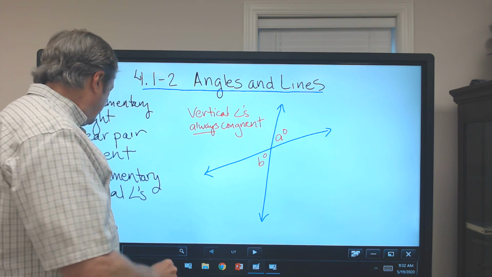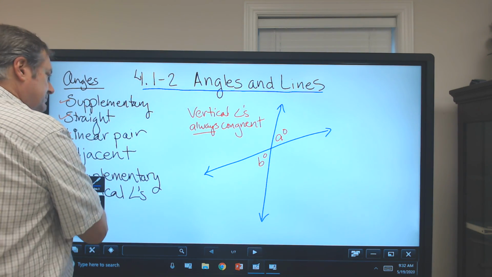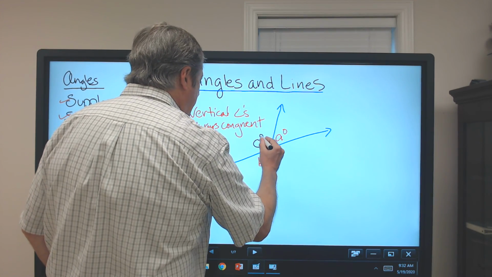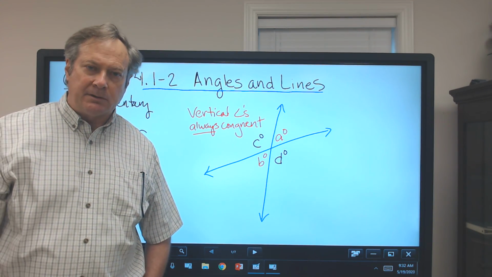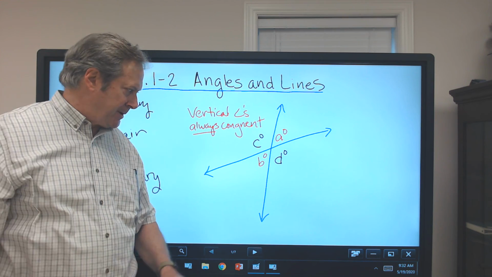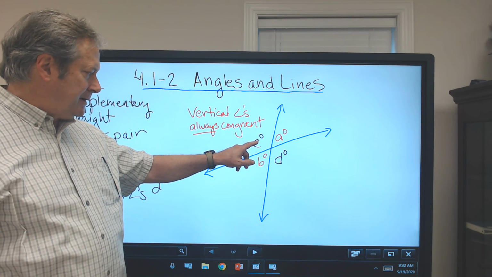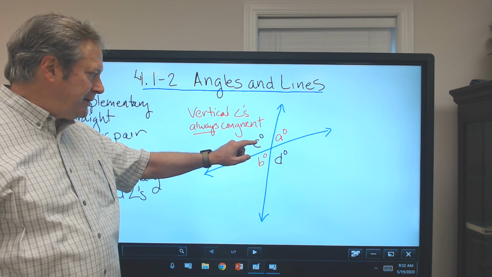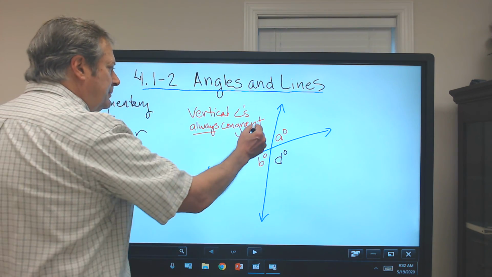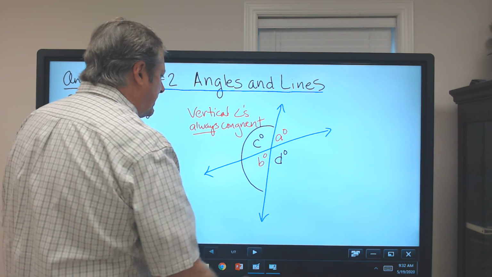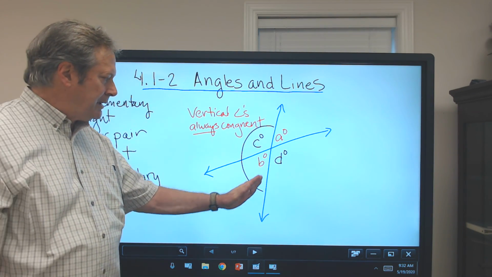Now you might guess, what about angle C and angle D? Are they also vertical angles? Sure they are. They also form an X. So let's say that this was 70 degrees. D would also have to be 70. And looky here, guys. Do you see that angles B and C form a linear pair?